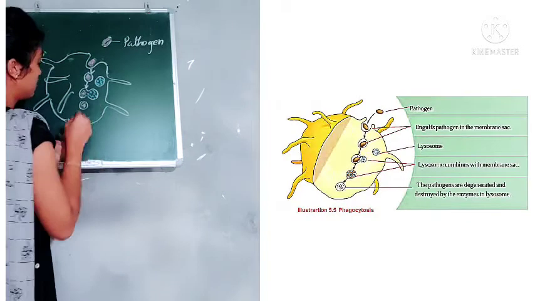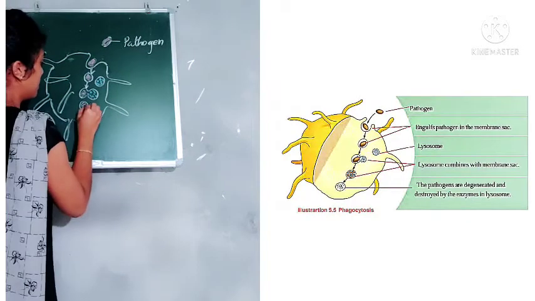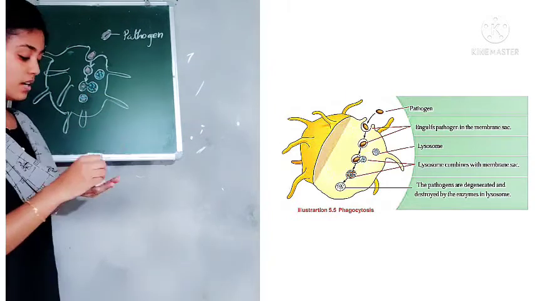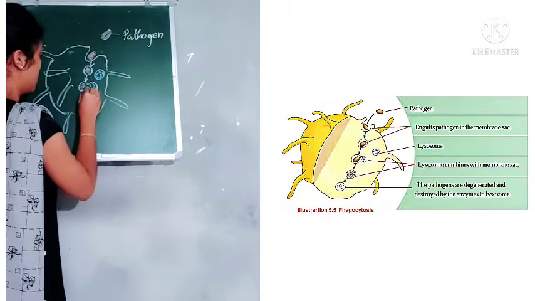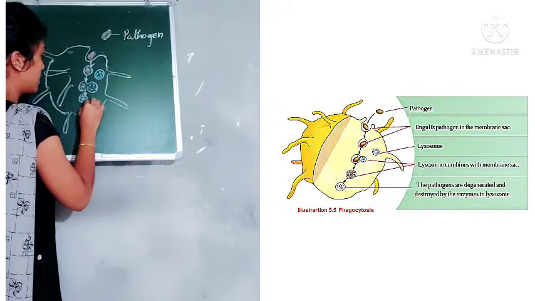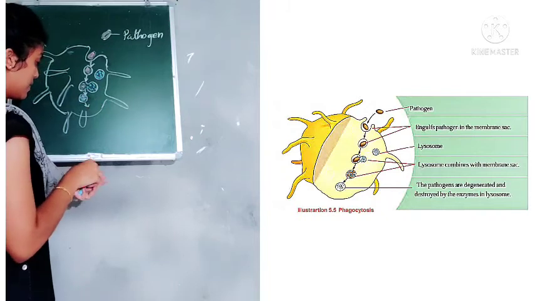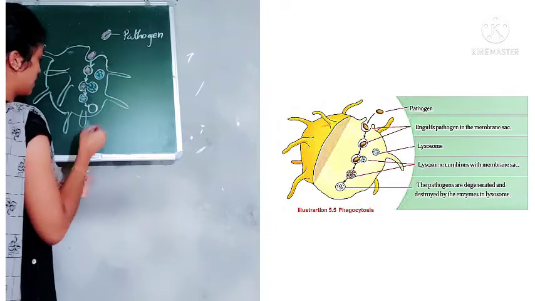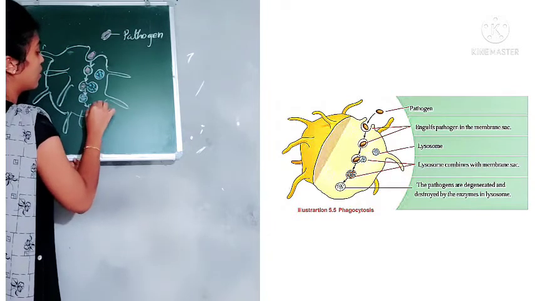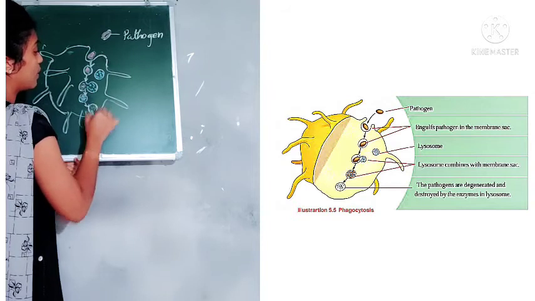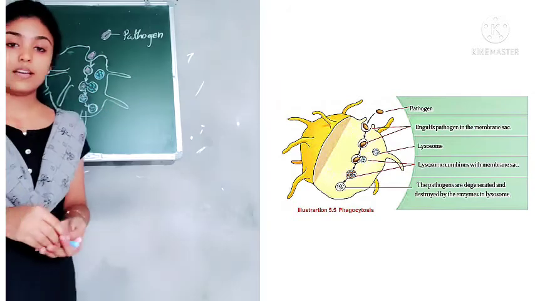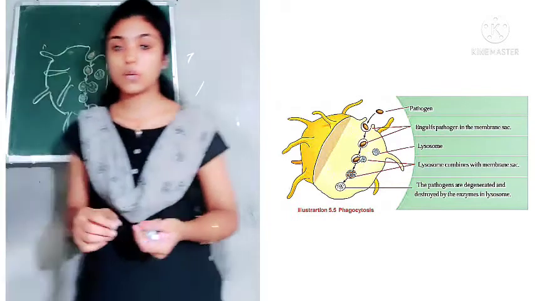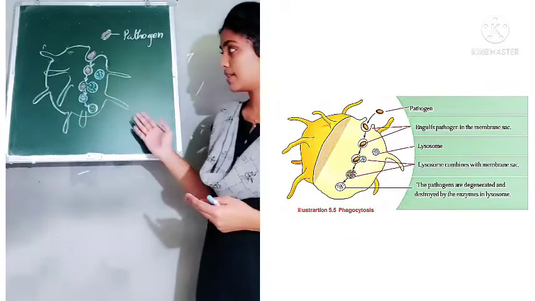So this is the pathogen, and there will be lysosome, and it starts to destroy the germ or the pathogen, and finally the pathogen gets completely destroyed or degenerated by the lysosome or the enzymes present in the lysosome. So let us learn it once more step by step.